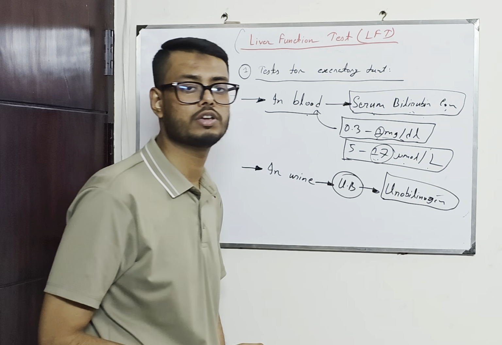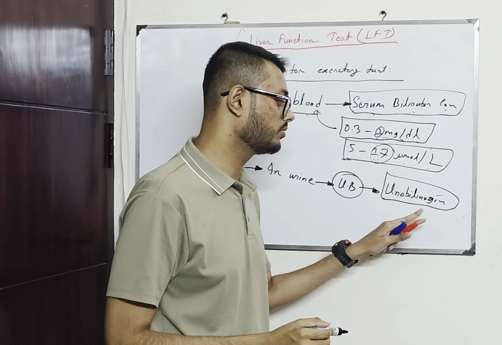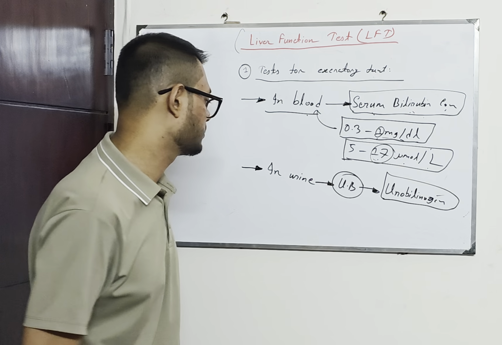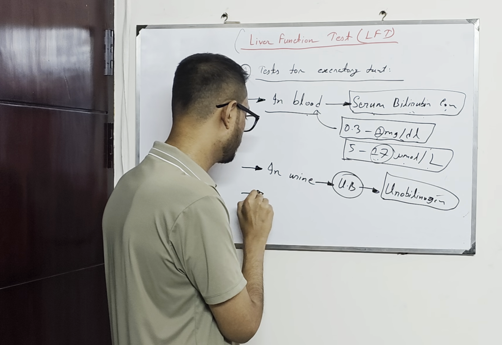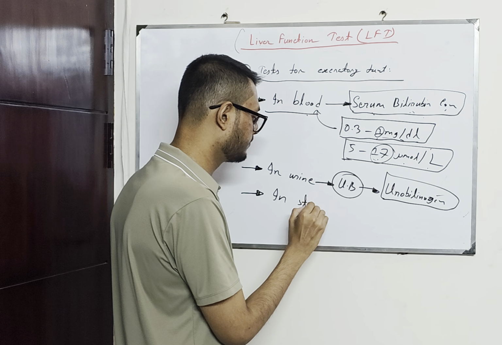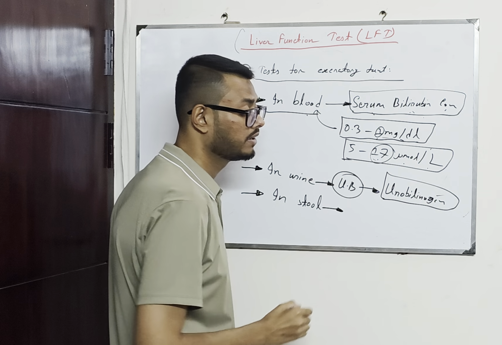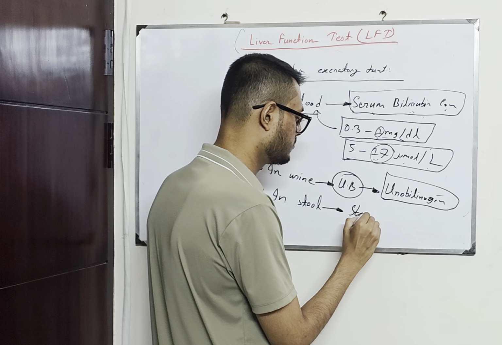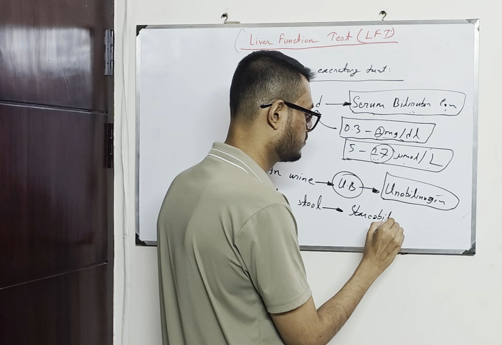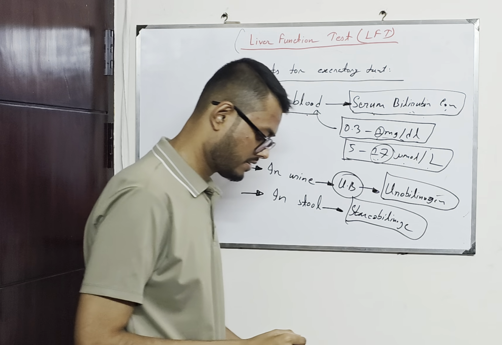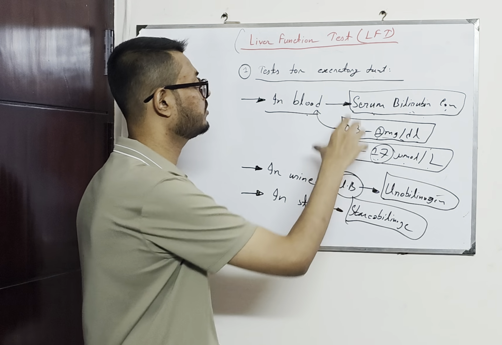If the level of urobilinogen is increased or decreased, there may be some pathologies. And next, in stool, there is stercobilinogen. It also indicates the excretory functions.